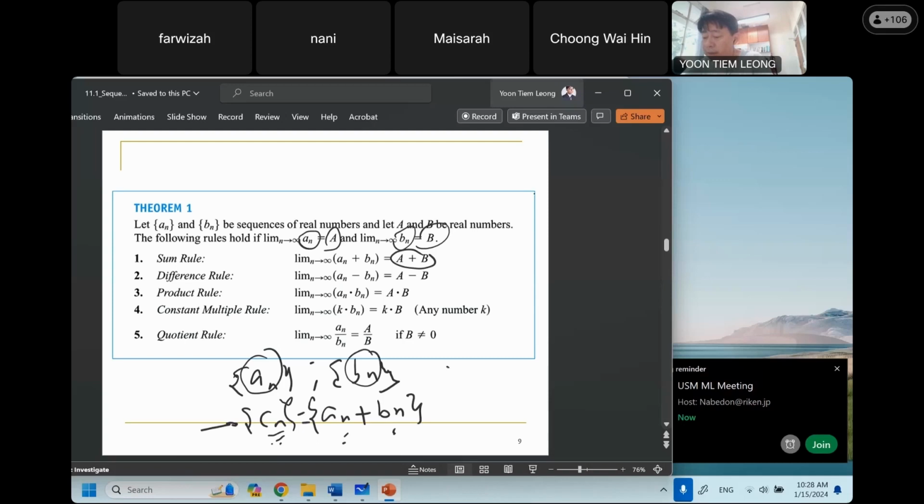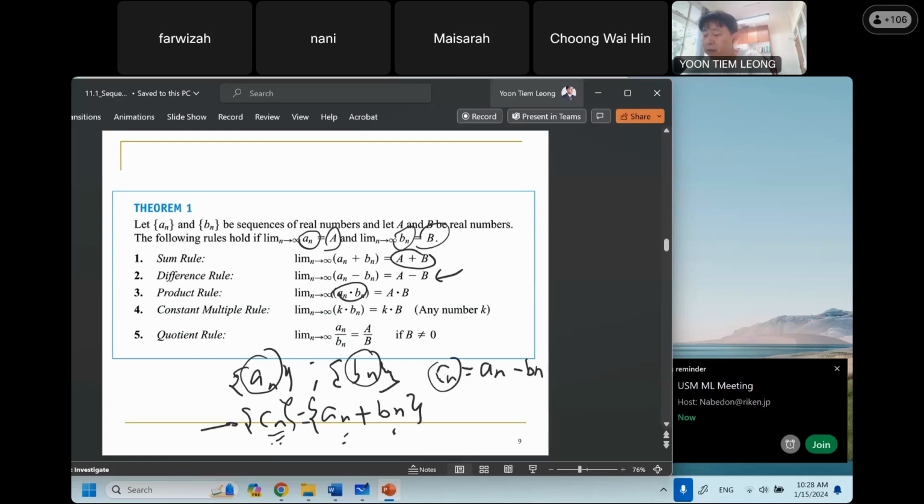Likewise, if you form a new sequence cn, which is defined to be the difference between the sequences an and bn, then the limit of this new sequence obeys this difference rule.